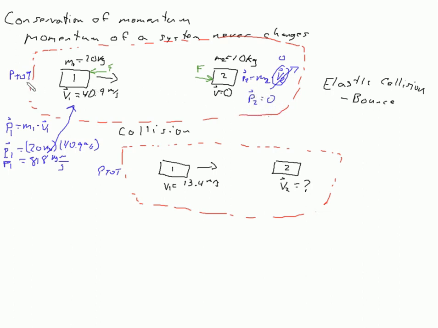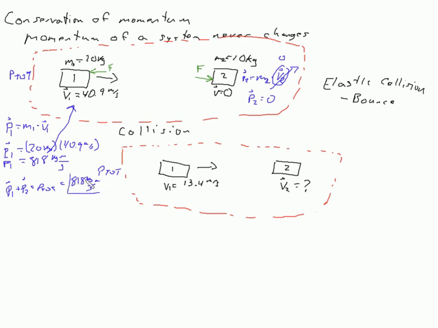So our total momentum here is momentum of box 1 plus momentum of box 2. It's going to be your total momentum, which is going to be 818 kilogram meters per second.